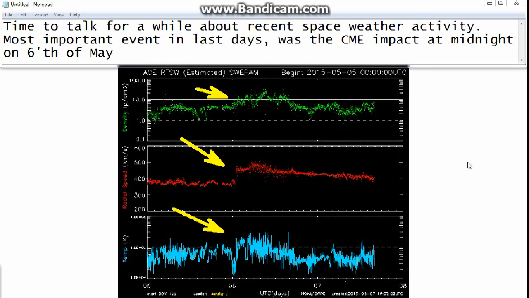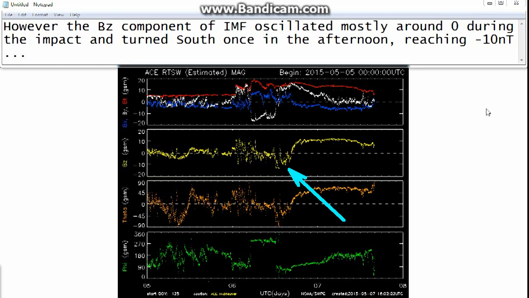Time to talk for a while about recent space weather activity. Most important event in last days was the CME impact at midnight on the 6th of May. However, the BZ component of IMF oscillated mostly around zero during the impact and turned south once in the afternoon, reaching minus 10 nanoteslas.